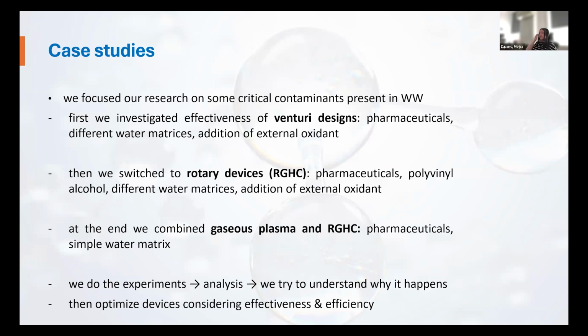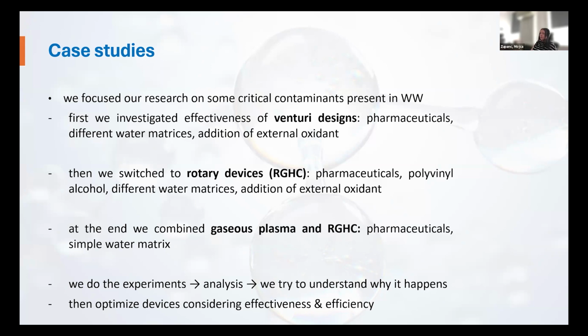Again, we tested different water matrices and the addition of external oxidant. And at the end, in some experiments that we are conducting at the moment, we combined our rotary device with gaseous plasma. We also expanded the number of pharmaceuticals. We added some new pharmaceuticals, and we only tested that in a simple water matrix.